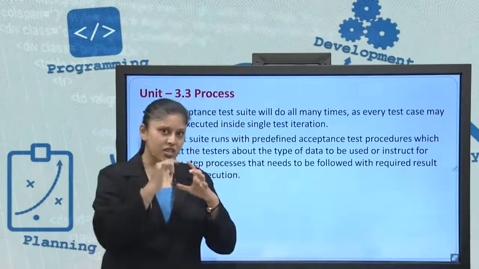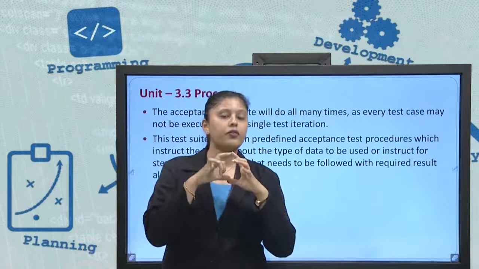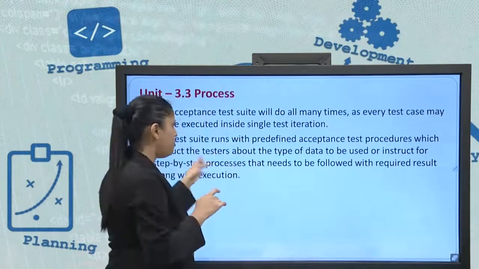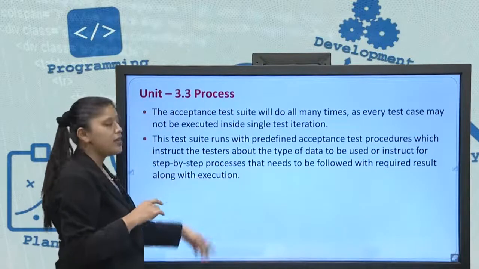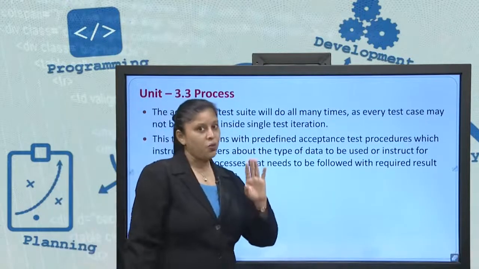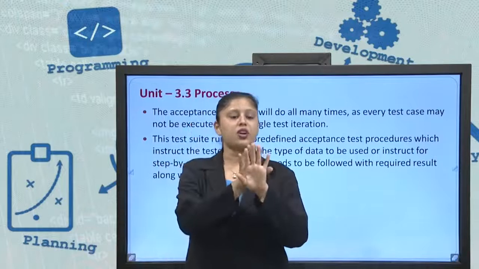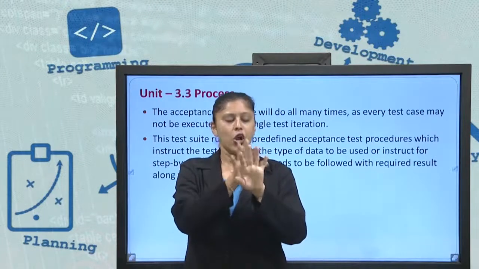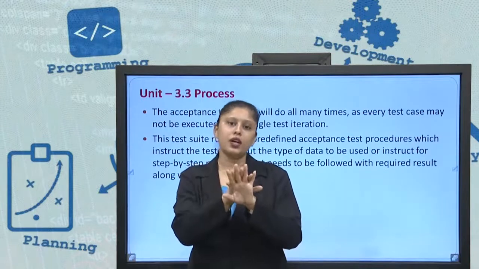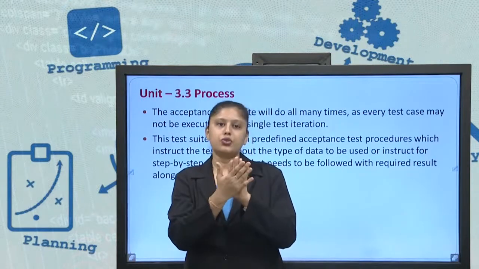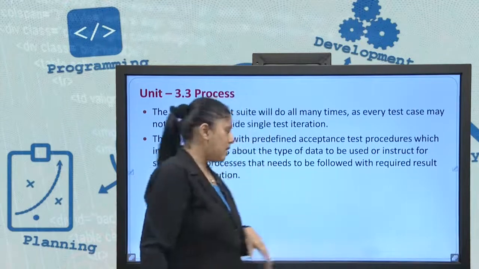The procedure needs to be followed with the required result along with the execution. So it even says what the expected result should be, what is required after this testing. Whatever is required after the testing should come out as the actual result. So that is the point.